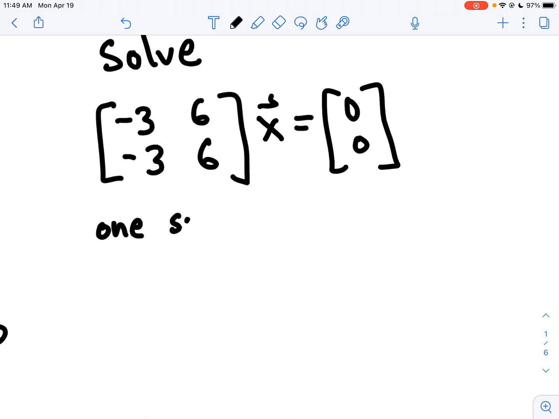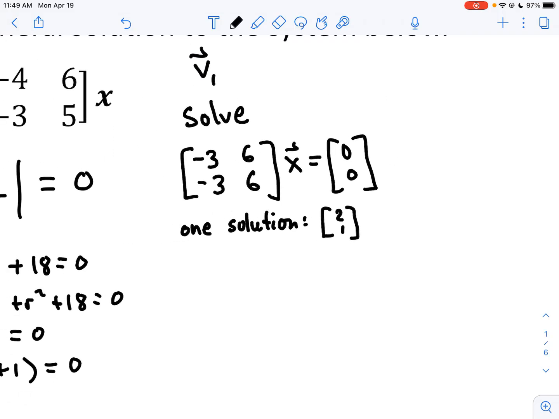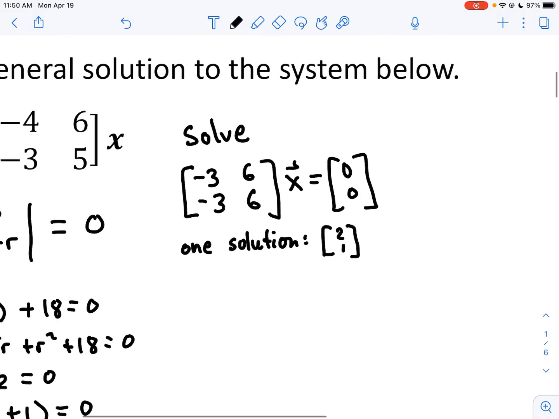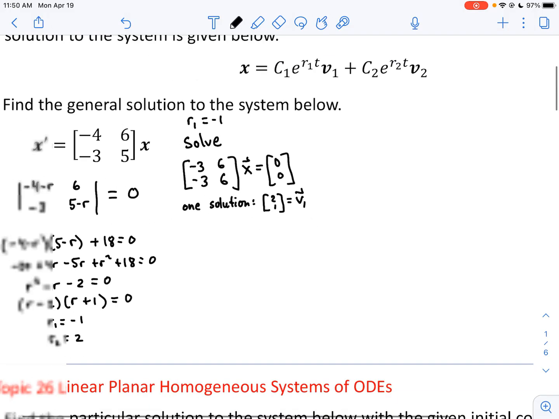So let's write it this way. One solution is 2, 1. So this is going to be a vector associated with the eigenvalue. So we worked with r1 equals -1 first, and this is going to be our eigenvector v1 that we're going to be working with.